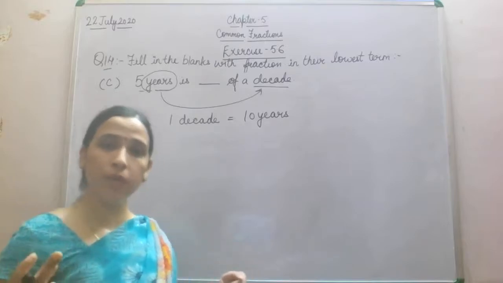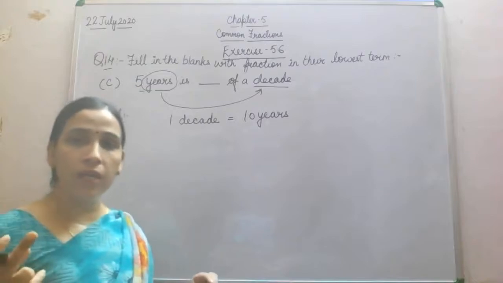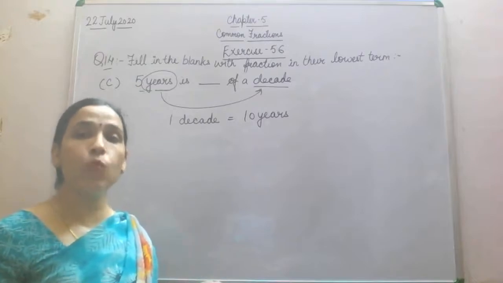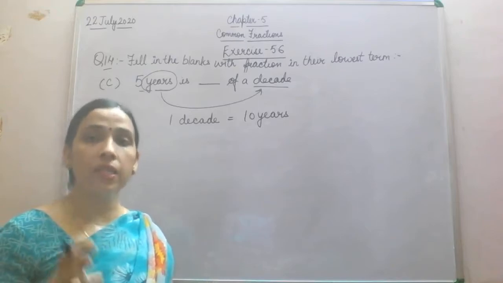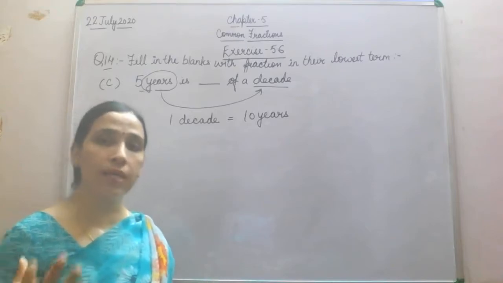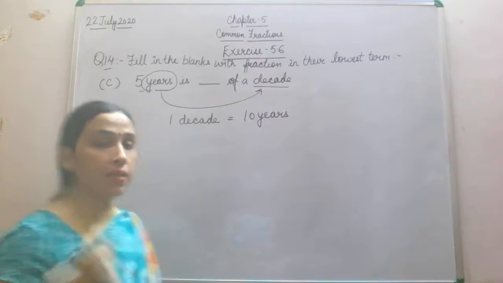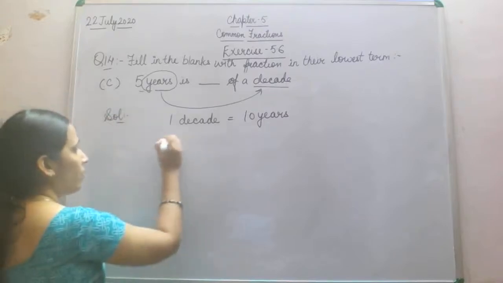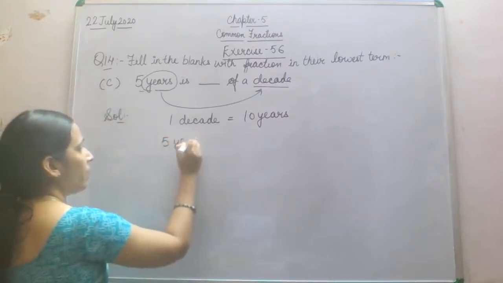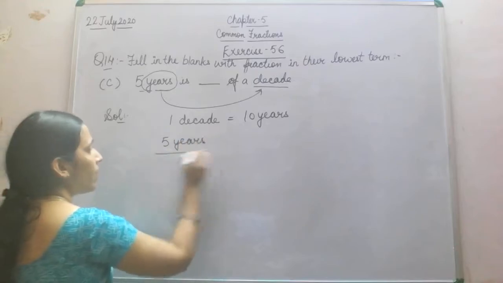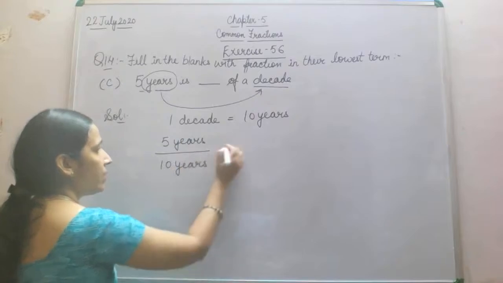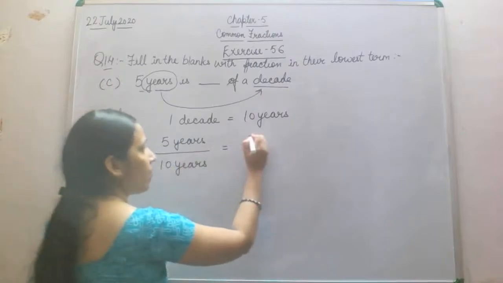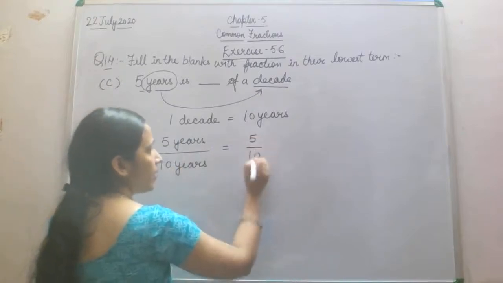Now what do you have to find out? You have to find out that 5 years is what fraction of one decade, that is 10 years. So what we will do here? 5 years will be divided by 10 years, because in one decade we have 10 years, or we can write 5 by 10.